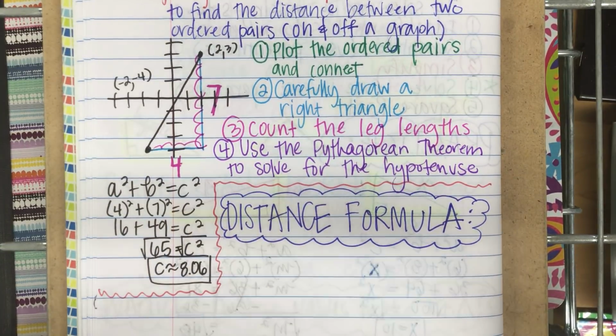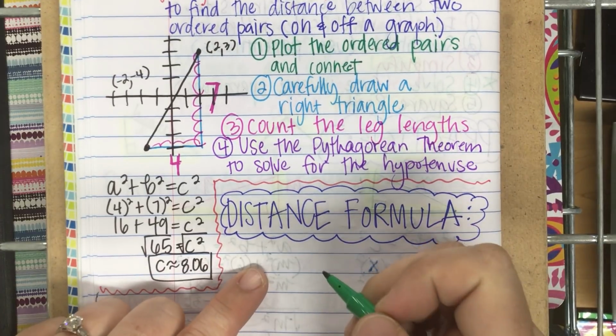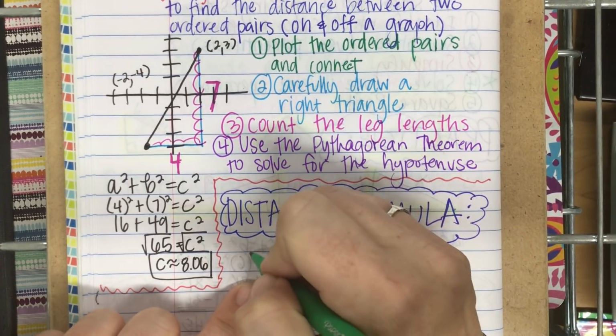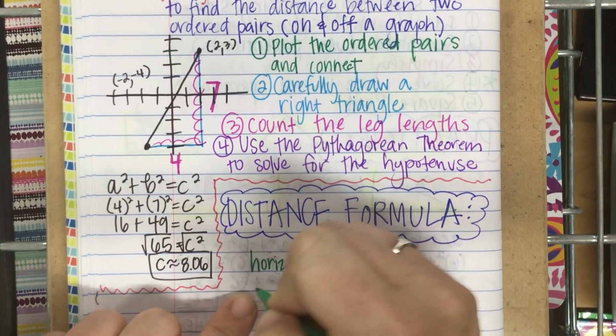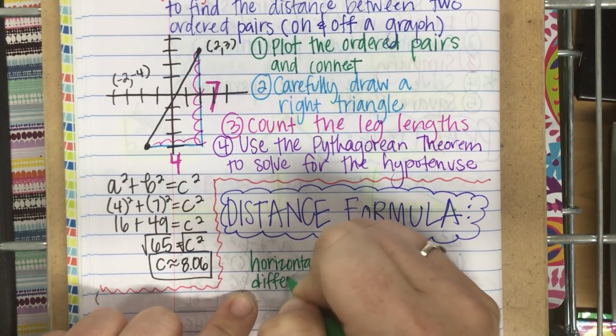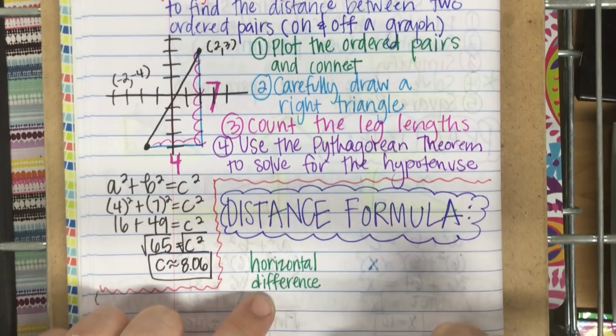So the distance formula, if we were going to just say it in words, not an algebraic expression, I would say that it's the horizontal difference, right?